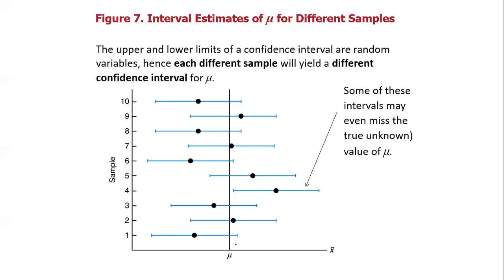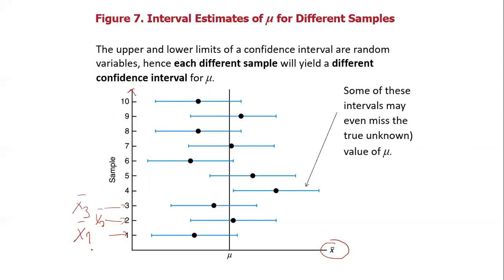So the x-axis shows the x bar values, and the vertical axis shows the samples. This is the first sample, the second sample, the third sample, and so on. At each sample I have x bar 1, then for the second one x bar 2, x bar 3, and so on.